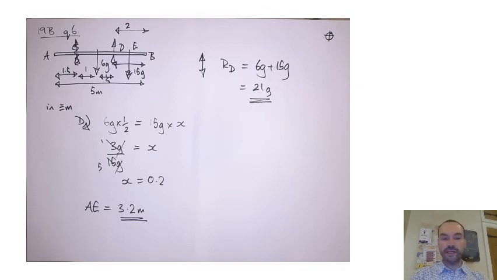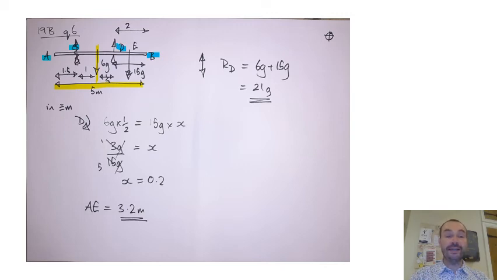Right, so the first thing is the diagram. So we've got a rod of 5 meters. If you skim read the question, we're told it's uniform, so I'm going to put the weight bang in the center. I'm going to label my A, I'm going to label my B. I'm going to put C and D in the right places.